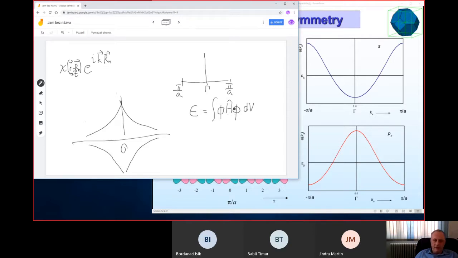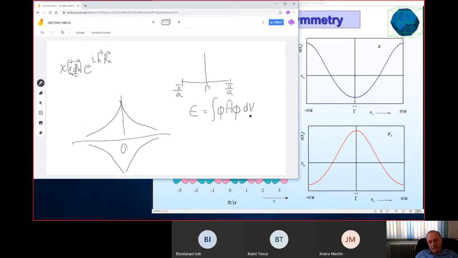So we have the same function here, and this expression means that we apply the Hamiltonian on this wave function, and then we multiply from the left. The result of the application of the Hamiltonian on this wave function is multiplied from the left by the same wave function, and the result is integrated all over the space.